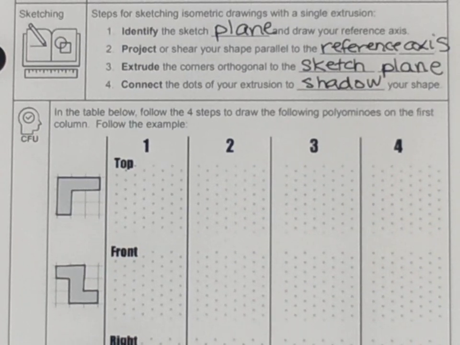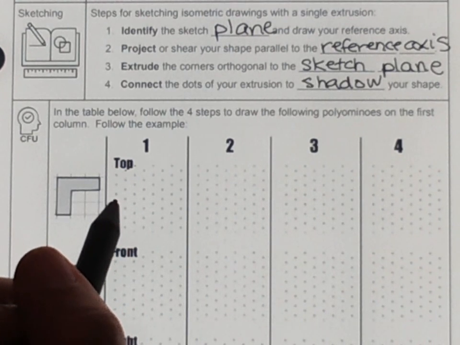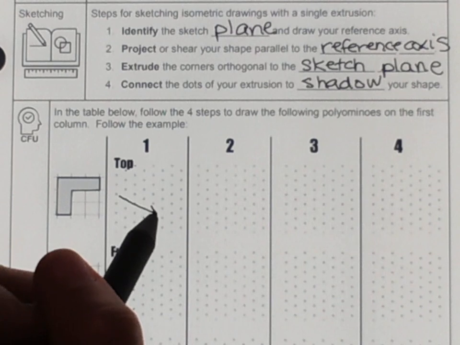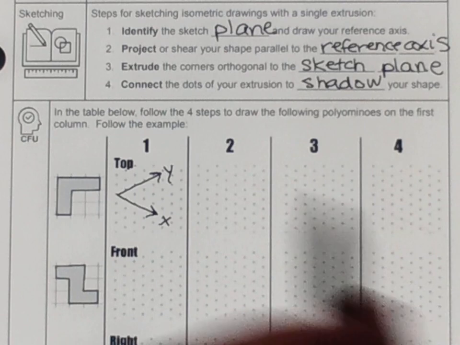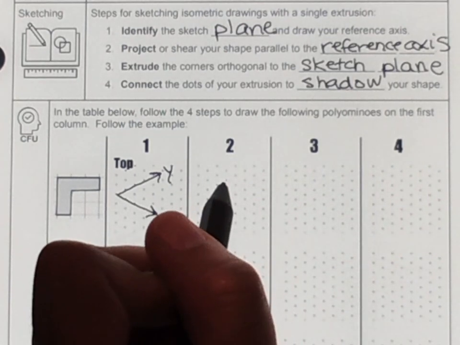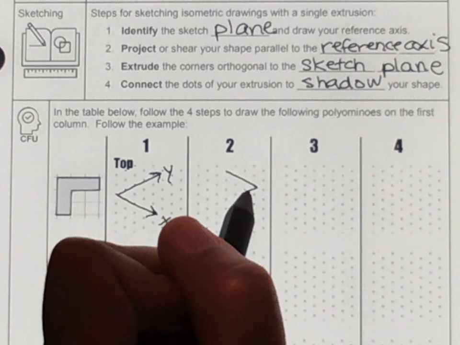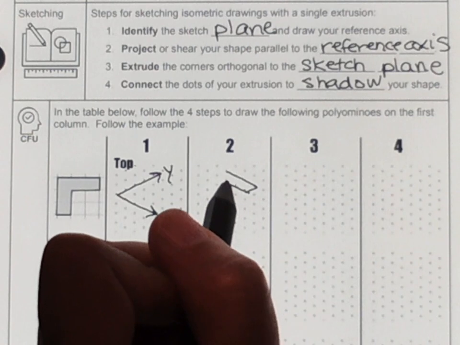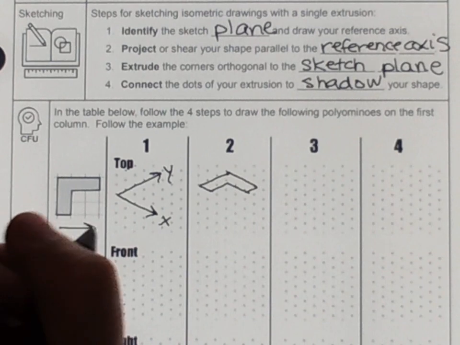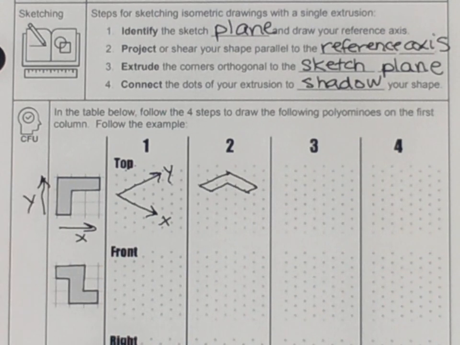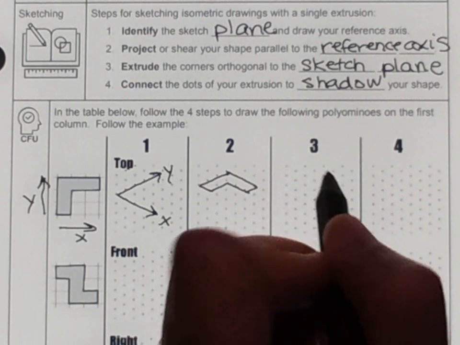So we said our first step is identify the sketch plane. On our top plane, our top face, our axes are X, Y. So for me to sketch this shape, I need to be parallel to X and parallel to Y. Okay, because this was X and this was Y. My third step is to extrude, and since it's the top face, I'm going to extrude down.